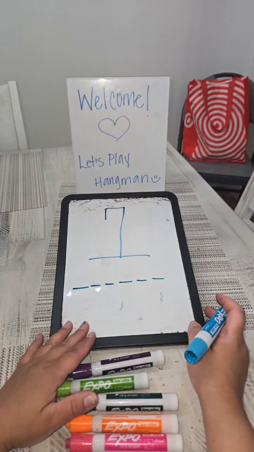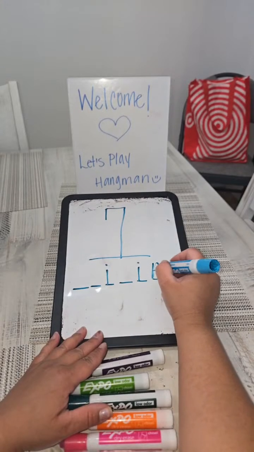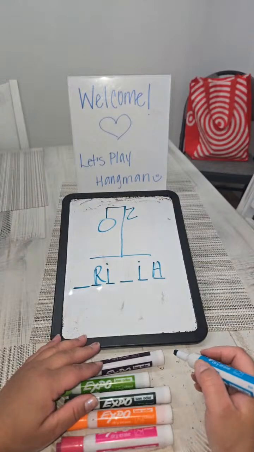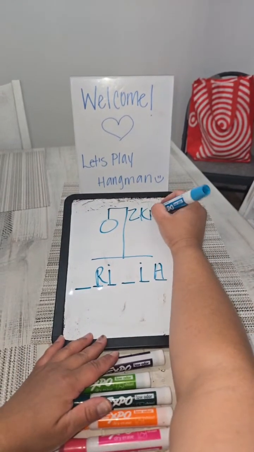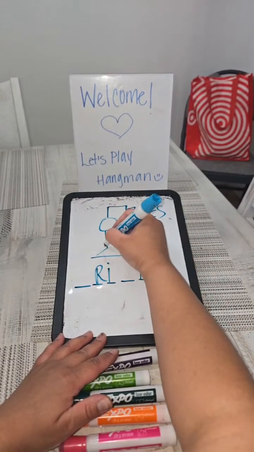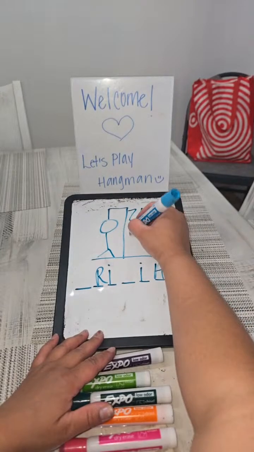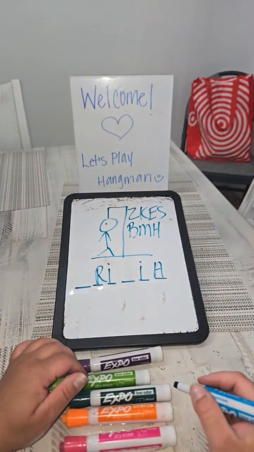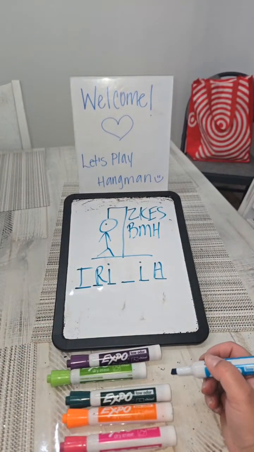I, A, R, Z. I, A, R, N, Z. You guys are really good at this. K, E, S. B, M, H. Yep. Who thinks they know what the actual word is?